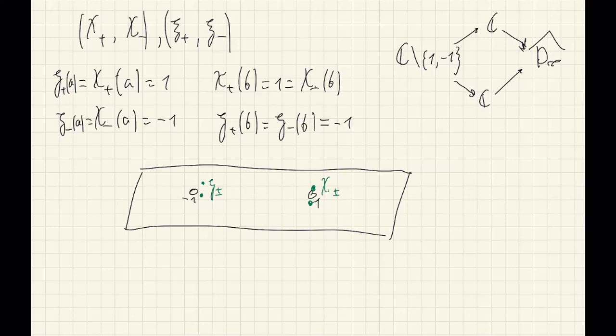Is this a push out in a suitable category? Yeah, I think it's a push out if we are in the category of non-separated manifolds. It's usually a part of the definition of a manifold to be Hausdorff, but we may equivalently drop this from the definition and allow non-separated manifolds.